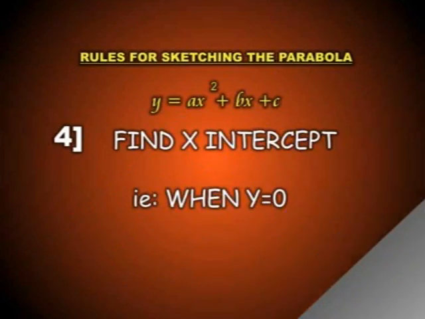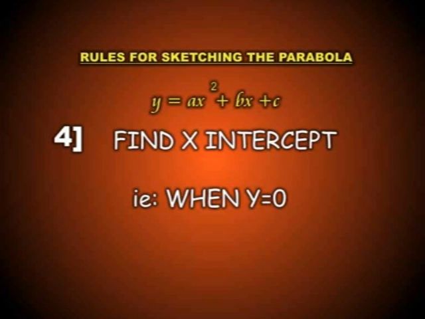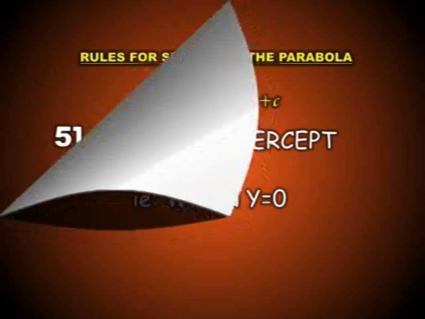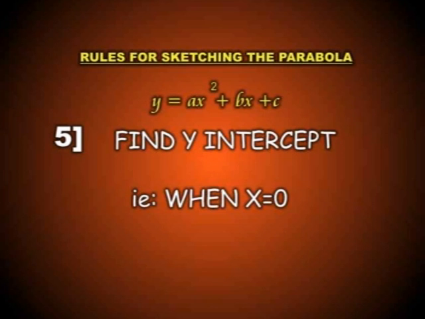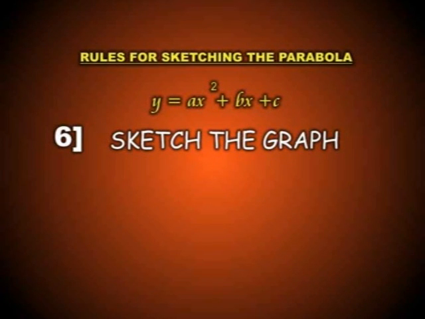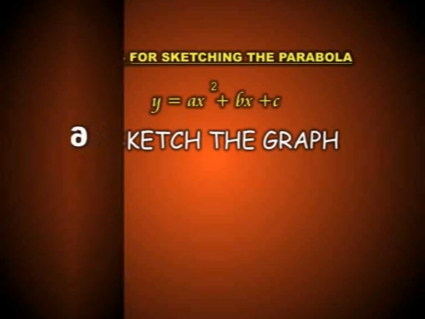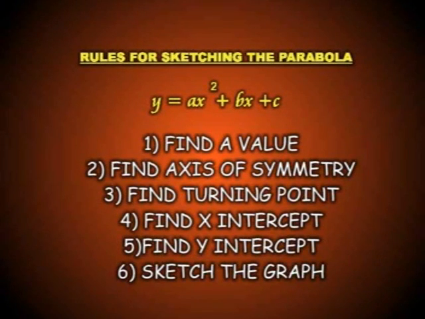We then look for the x-intercept. That happens when y is equal to 0. We then look for the y-intercept, and that happens when x is equal to 0. And lastly, we sketch it. Notice as we are sketching it, we start off by looking at its shape so we know more or less where it's going to fit.